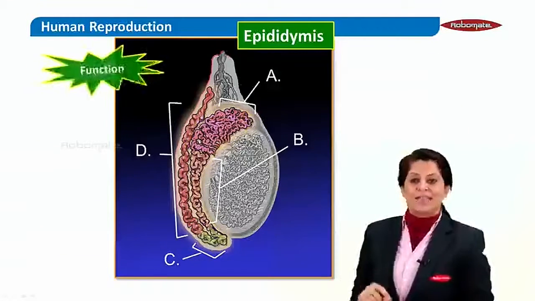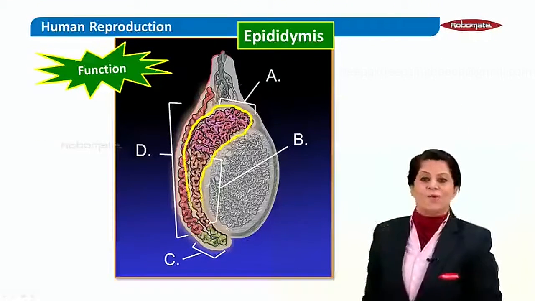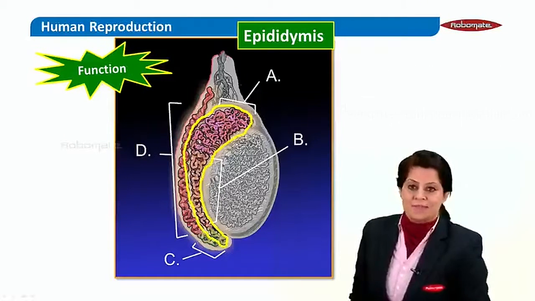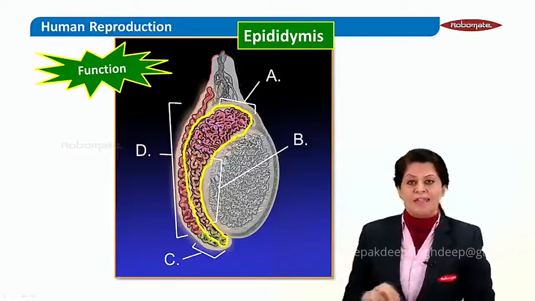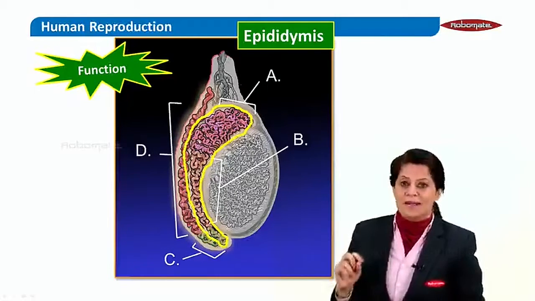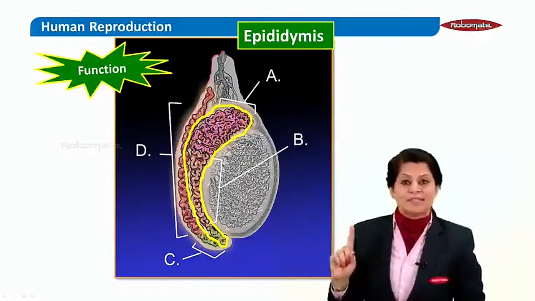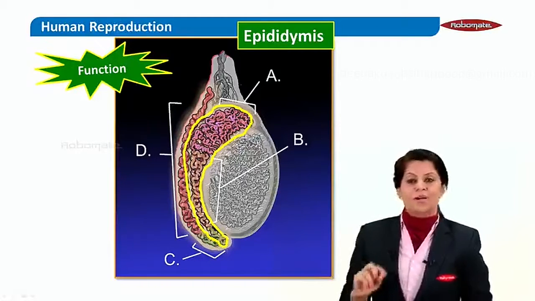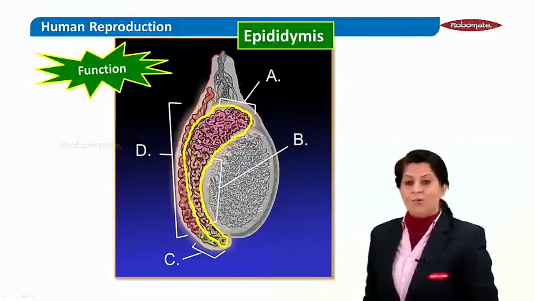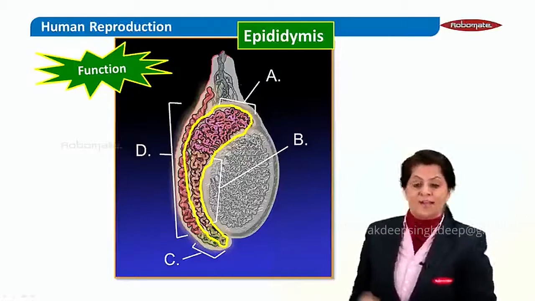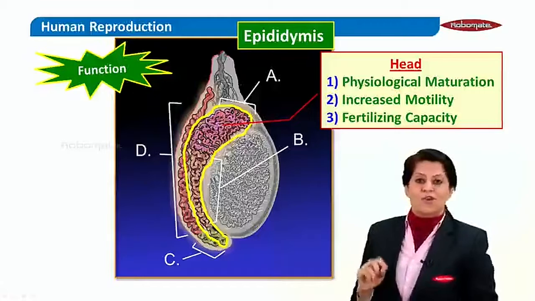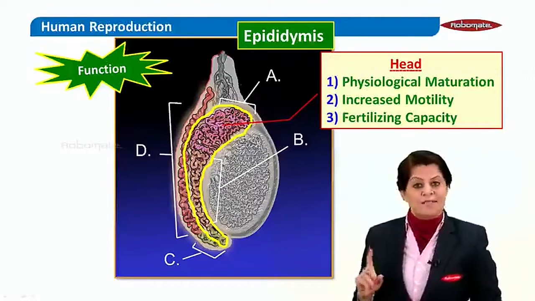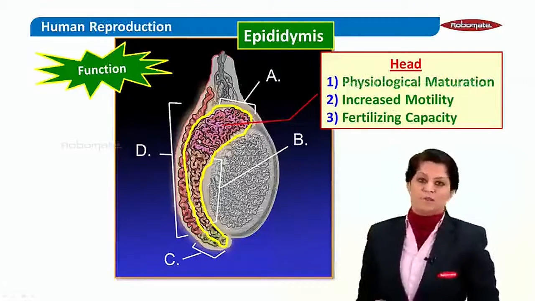Now let's see what exactly is the role of epididymis. Part A, which we were calling the head, is a very important part. Why? Because this is the part where sperms mature. And how do sperms mature in here? Let's see. In the head region, physiological maturation, that means functional maturation of sperms, takes place.